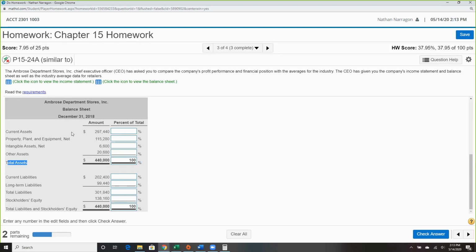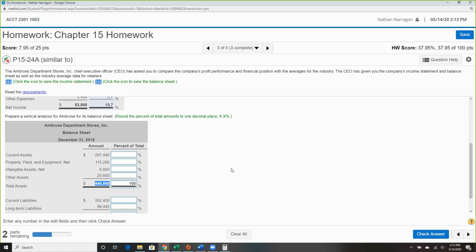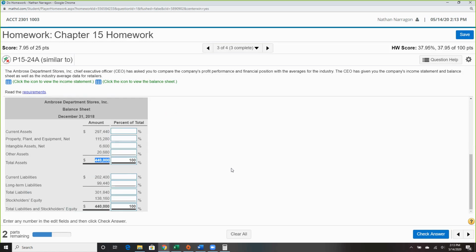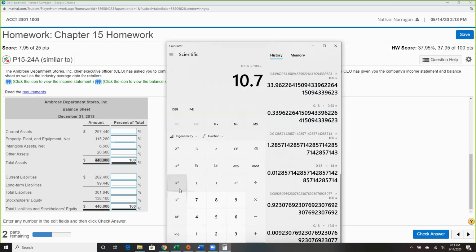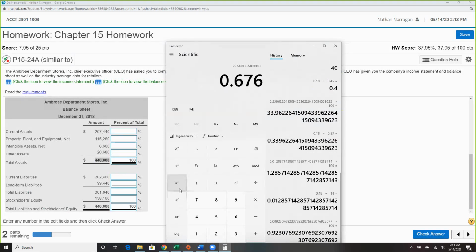Now we take each of these numbers, if it's an asset, and divide by total assets. Basically, we're going to figure out how much our assets is made of, or what comprises our assets in that way. So, 297.40 divided by 40. Lots of zeros.